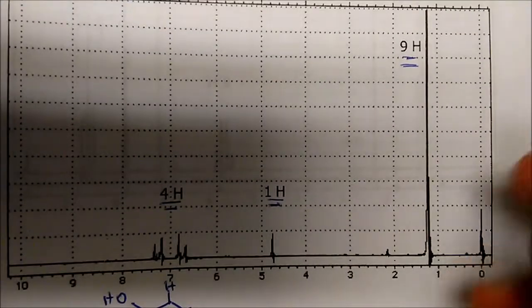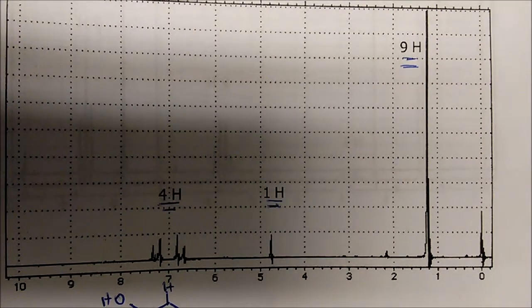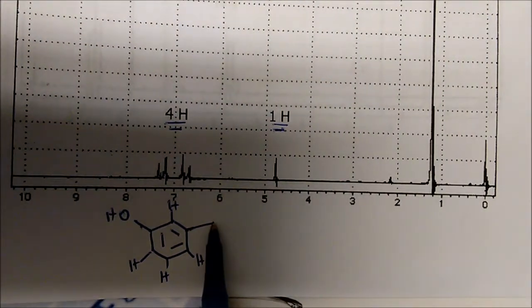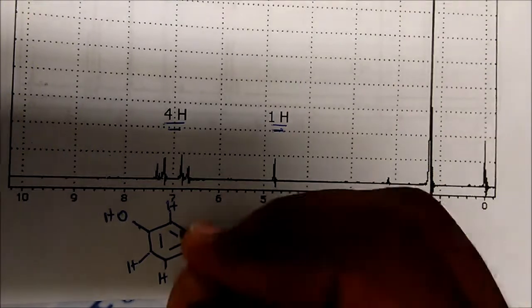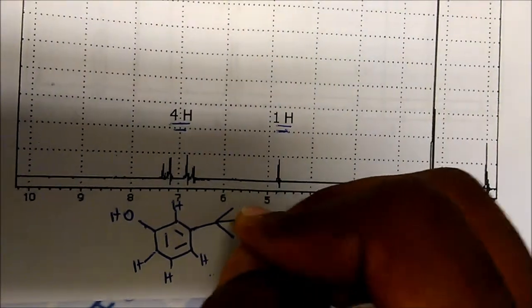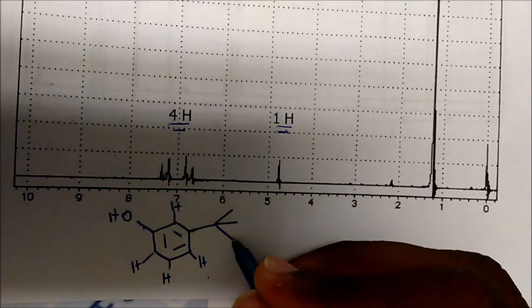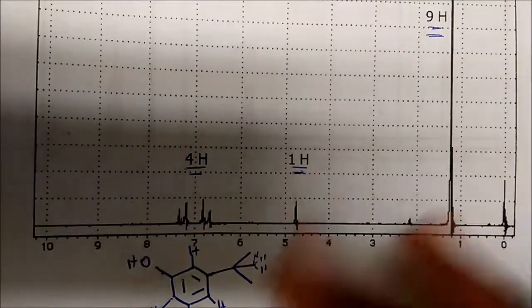Now, I have 9 hydrogens vibrating here. I still have 6 carbons here, so I'm going to draw one out. Now I have 7 carbons, but an integration of 9, which means I have 9 hydrogens vibrating with 0 neighbors. So I'm going to think of this as a tert-butyl group. These CH3s here, I have 3 groups of CH3 vibrating, which is equivalent to 9 hydrogens, and they have 0 neighbors.